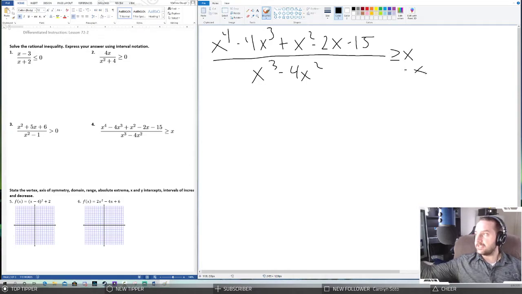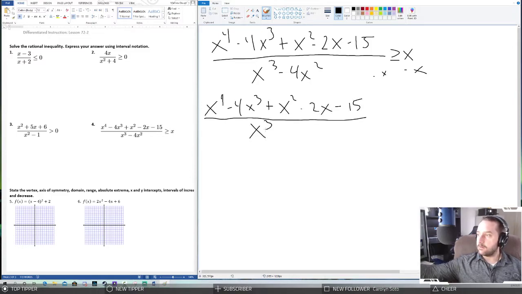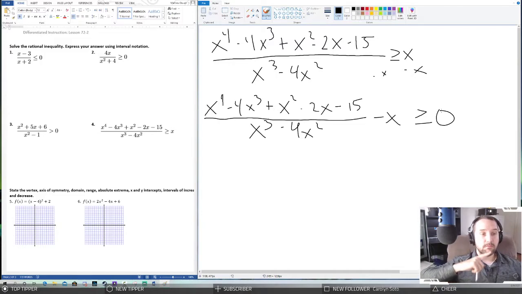So I'm going to subtract x on both sides. That first thing, it being compared to 0, check. It is now being compared to 0.